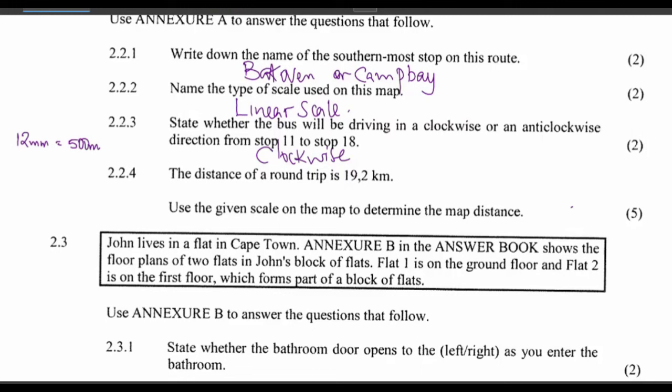What we need to do is change these to kilometers, so I divide by 1,000. In other words, my 12 millimeters are equivalent to 0.5 kilometers.